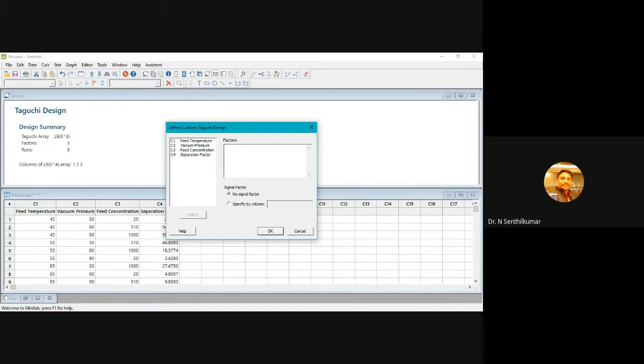The factors are nothing but the inputs. The first 3 columns are my inputs: the feed temperature, vacuum pressure, and feed concentration. Just select and click Select. That will come to this side. So I have selected the input factors.